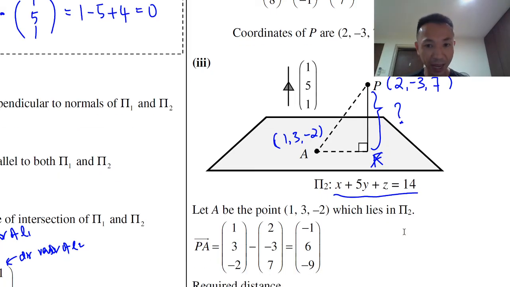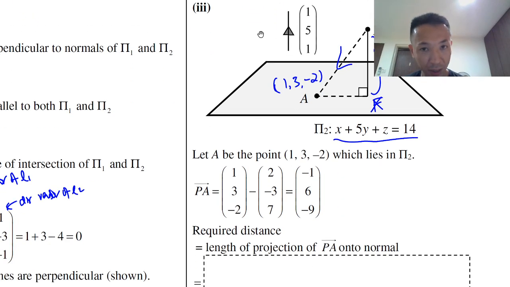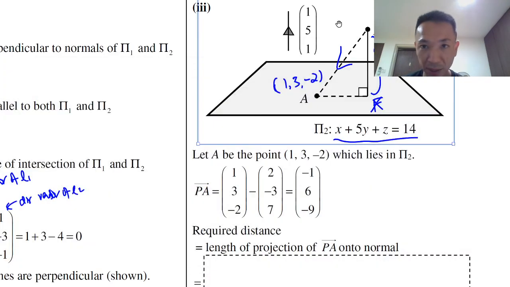But let's decide on A, 1, 3, minus 2. I take PA, yes, PA dot the unit vector of the normal. I will project PA onto the normal.